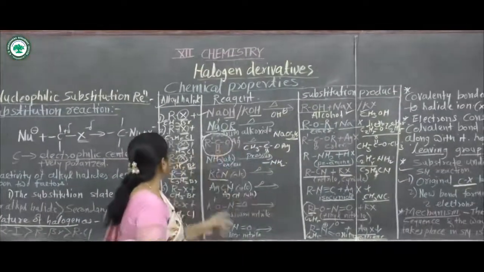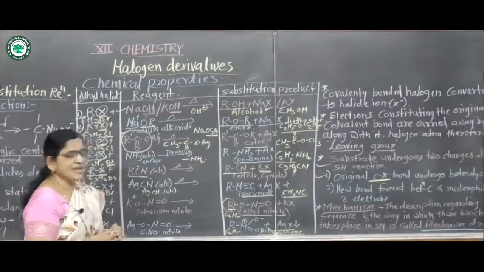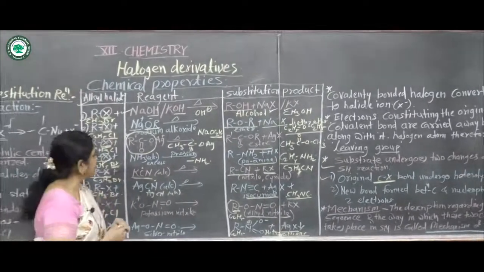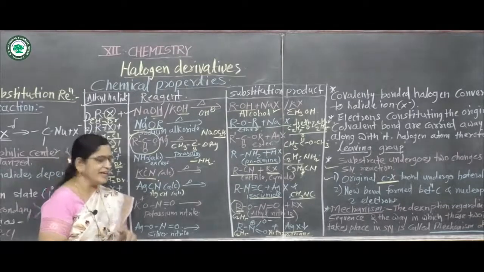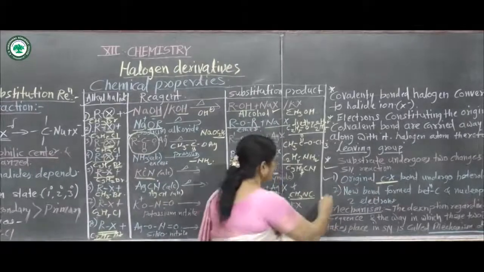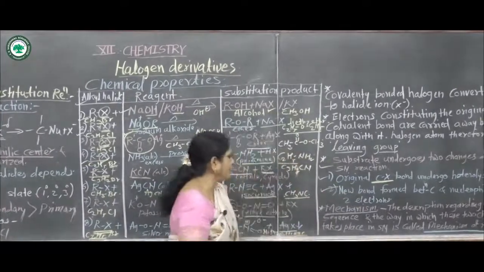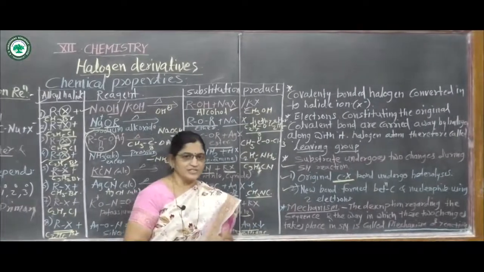In all these examples, the original C-X bond breaks heterolytically, hence it is called heterolysis. Then the second one, a new bond is formed between carbon and nucleophile using two electrons.